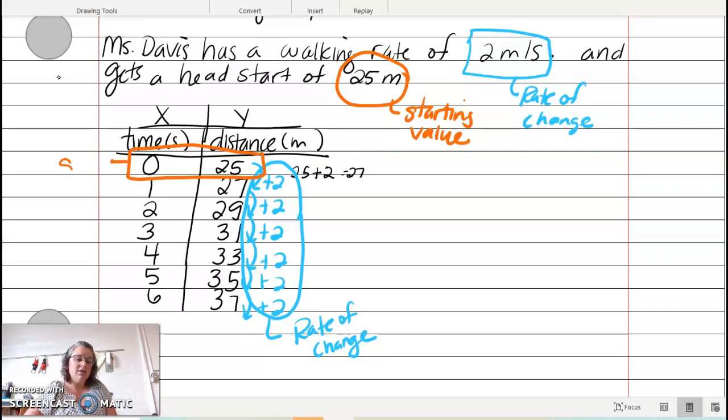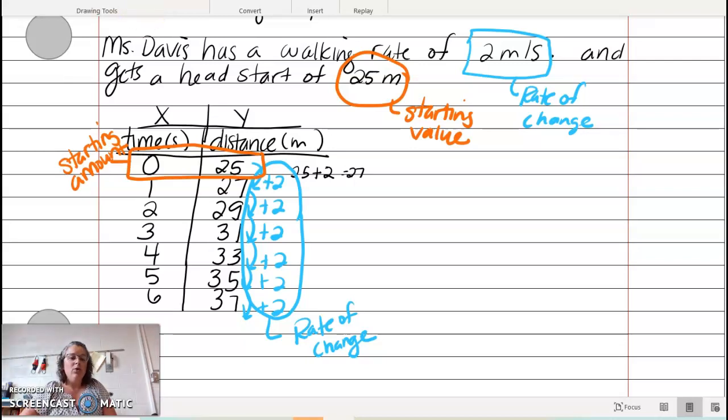So we like to call this the starting amount. But when we look at this, we know that she starts with 25 meters, and then every single time she's going 2 meters more every single second.